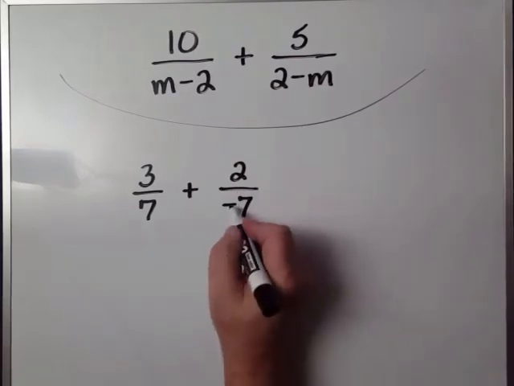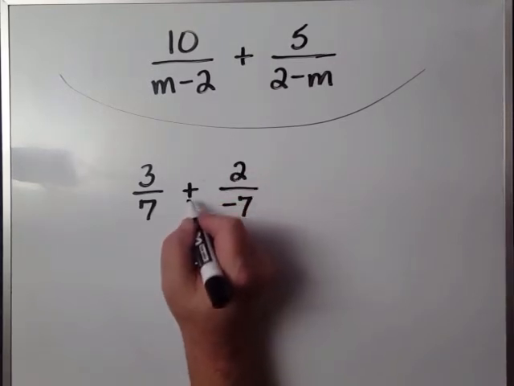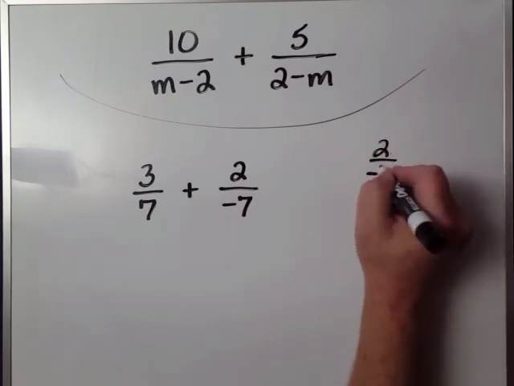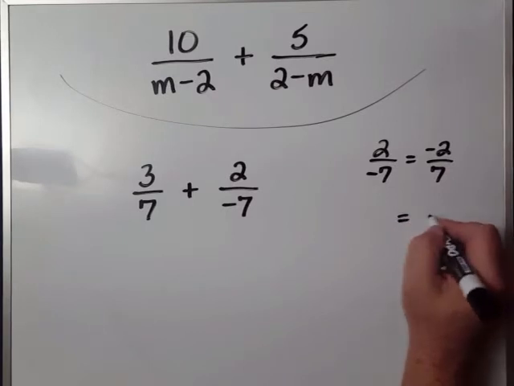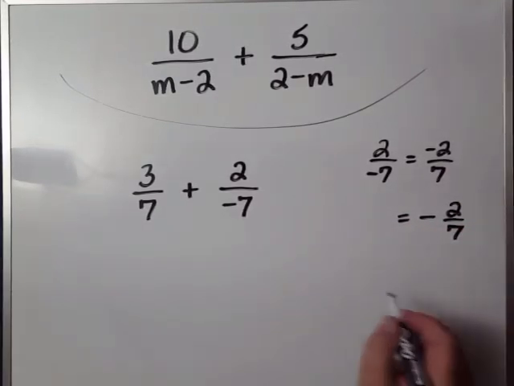They can hang out in the bottom, or they can hang out in the top, or they can hang out front. In other words, 2 over negative 7 is the same as negative 2 over 7 is the same as negative 2/7. Those are all equivalent.